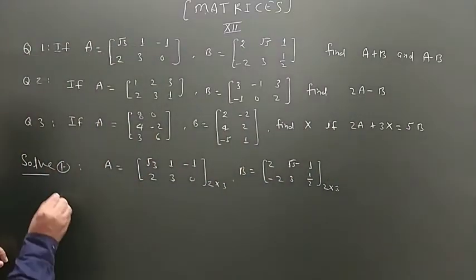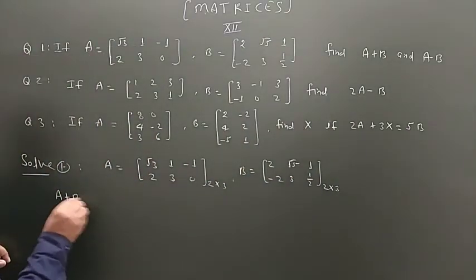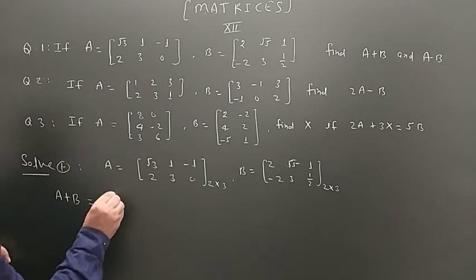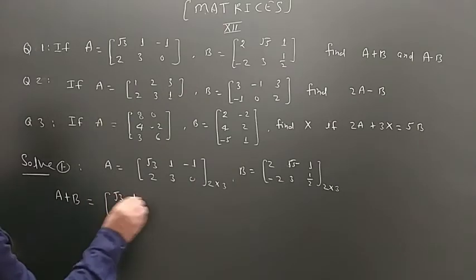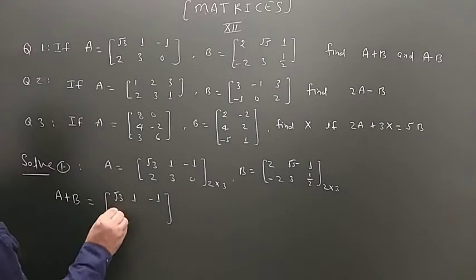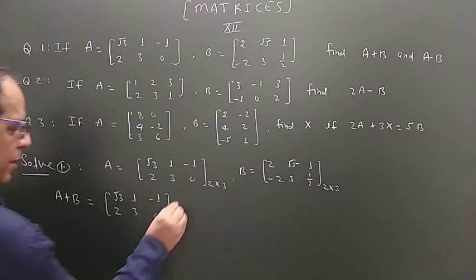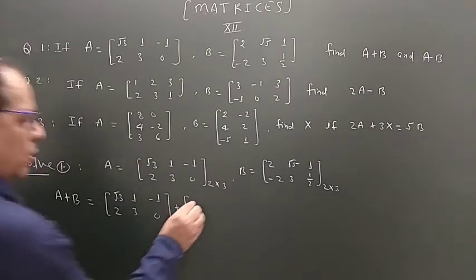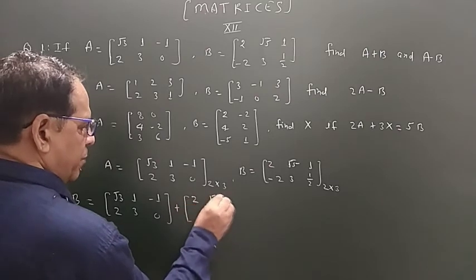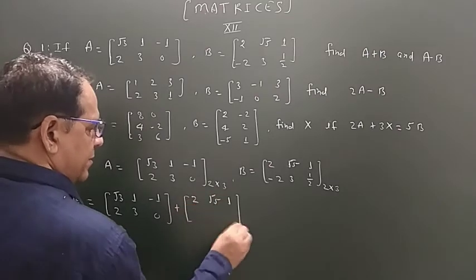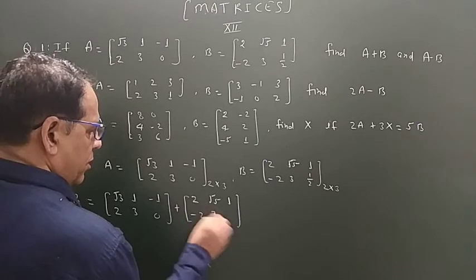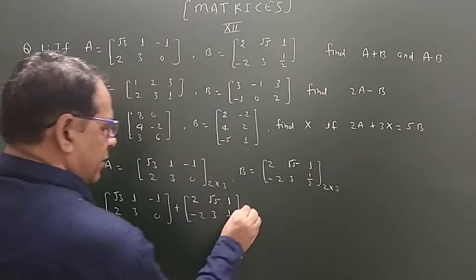A plus B equals the first matrix root 3, 1, minus 1, second row 2, 3, 0 plus the second matrix 2, root 5, 1, second row minus 2, 3, 1 by 2.